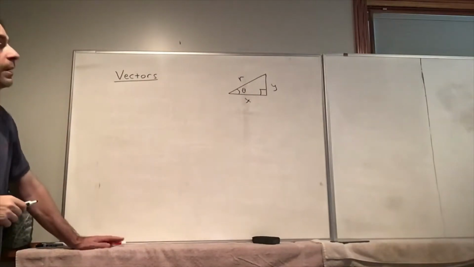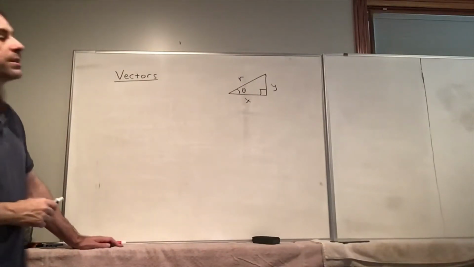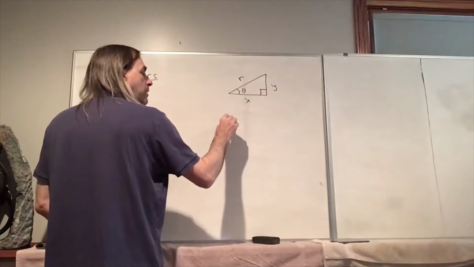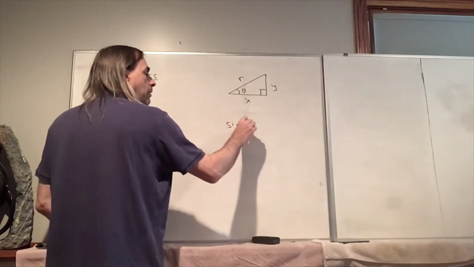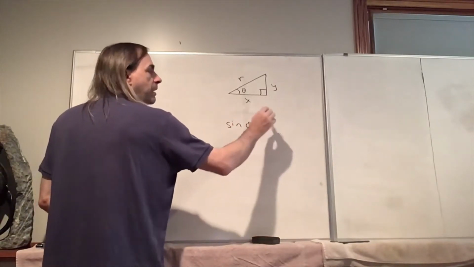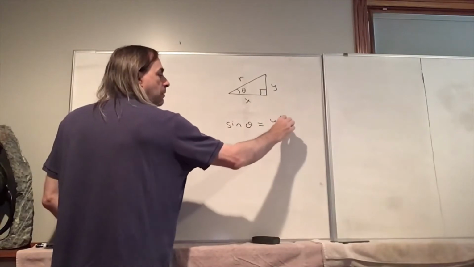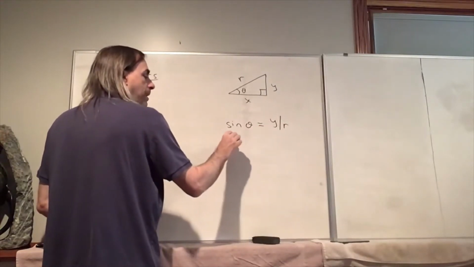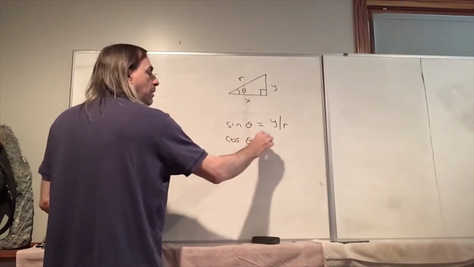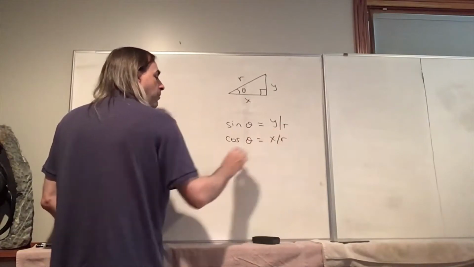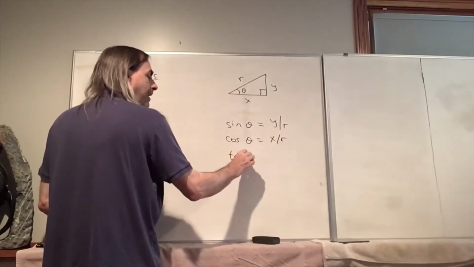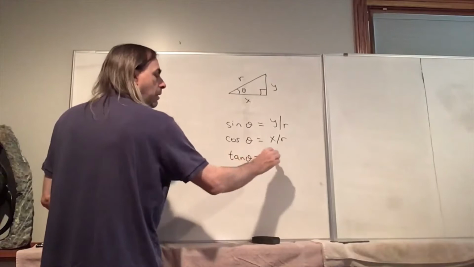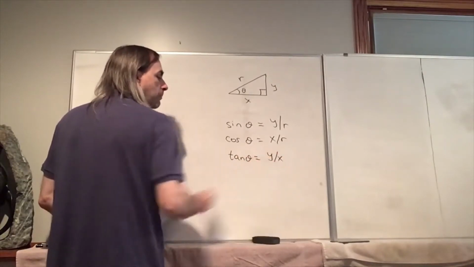Okay, now we're going to define three functions, which are called sine, cosine, and tangent. So sine of theta is y over r. I'm just going to write them down first. Cosine of theta is x over r. And tangent of theta is y over x.